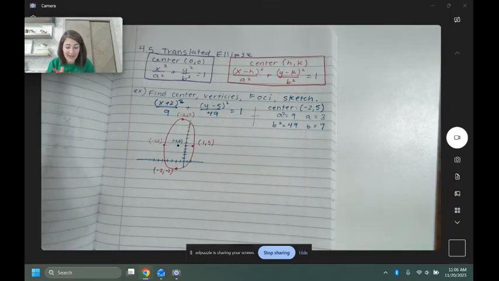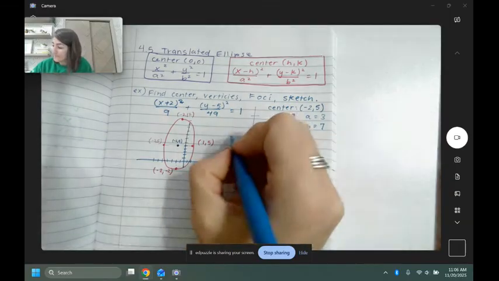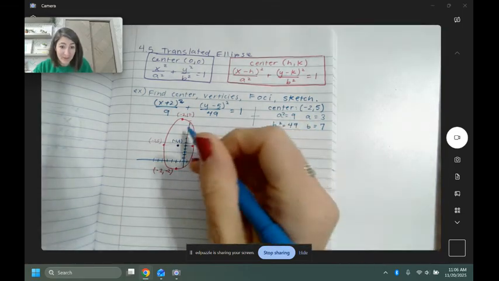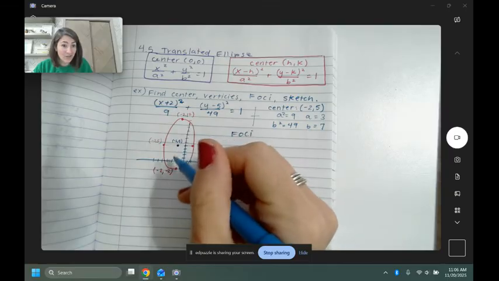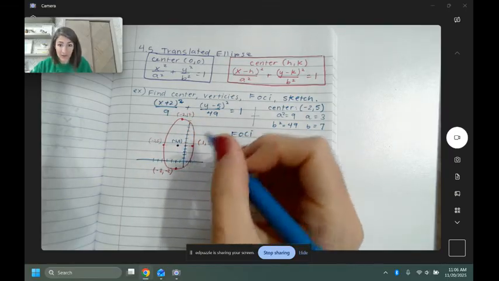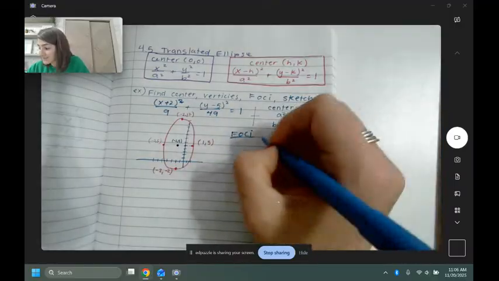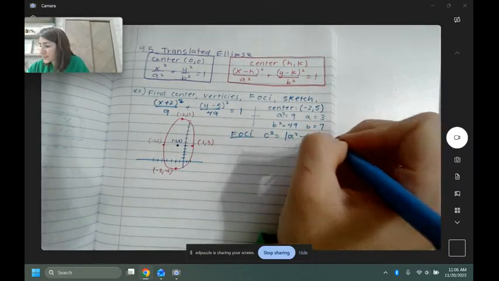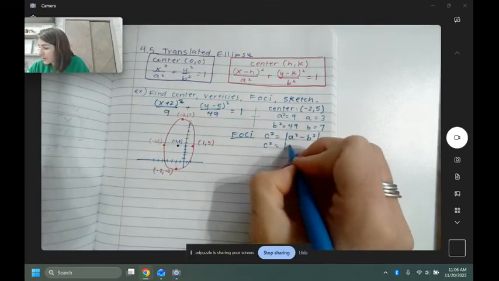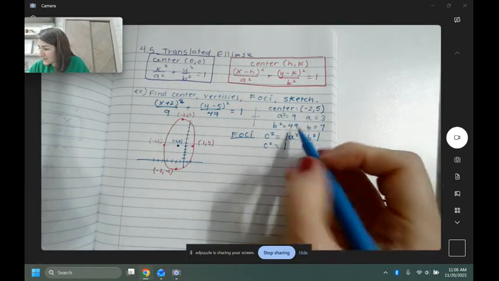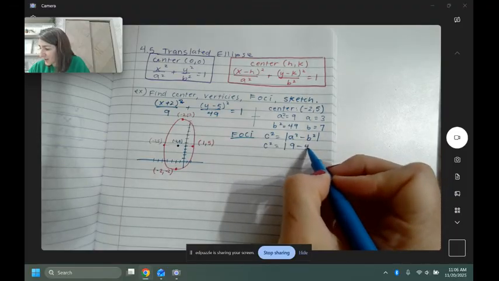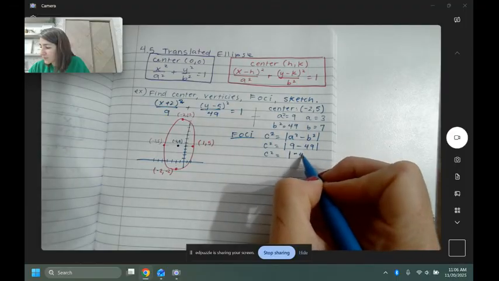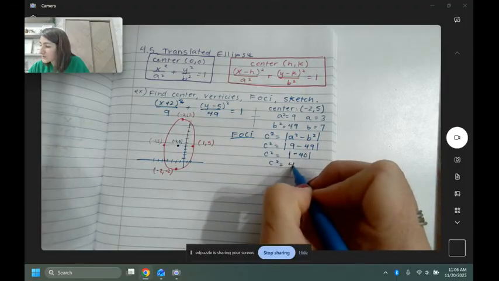Last step is to find our focus, or both of them, our foci. They're going to be here-ish and here-ish, inside the ellipse. So we've got to find c. c squared is the absolute value of a squared minus b squared. I already know a squared is 9, b squared is 49. c squared then is the absolute value of -40, so c squared is 40.